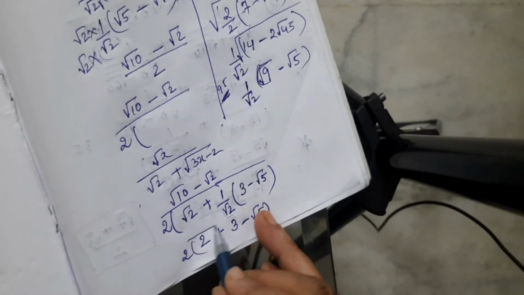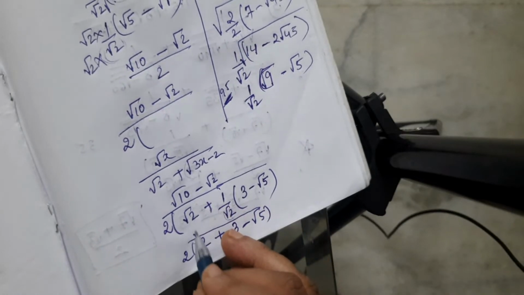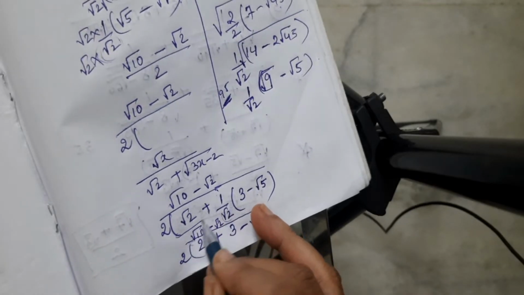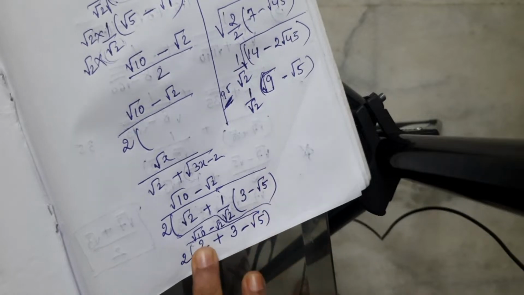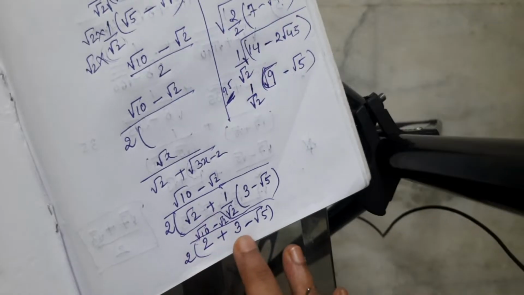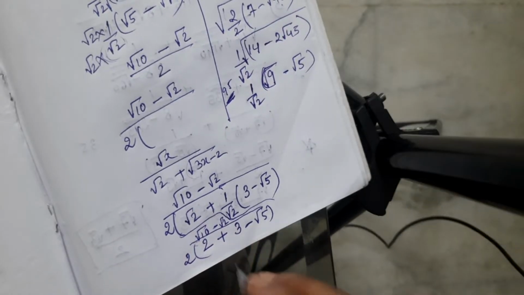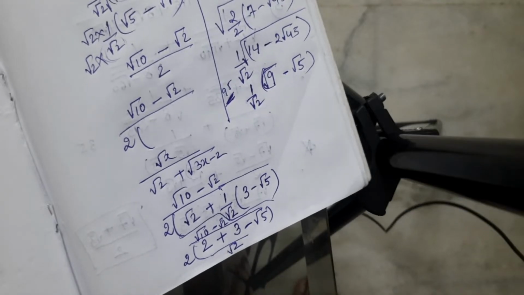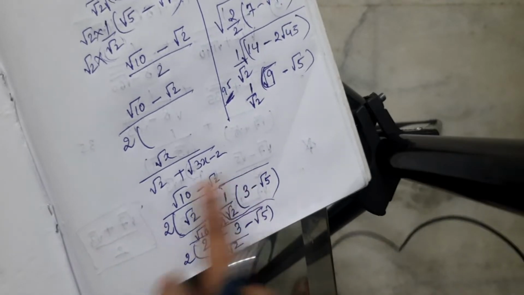And in the numerator, we are having root 10 minus root 2. So this is the part which we are having. Root 10 minus root 2. In the denominator, 2 plus 3 minus root 5. Already LCM's root 2 is also there. So all these things we are having.